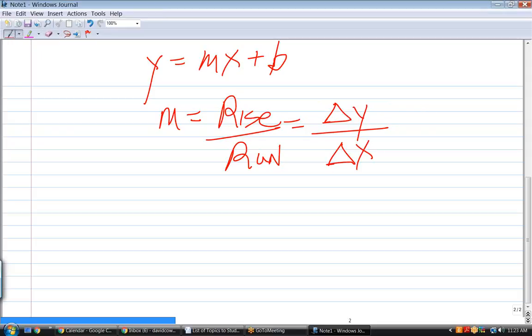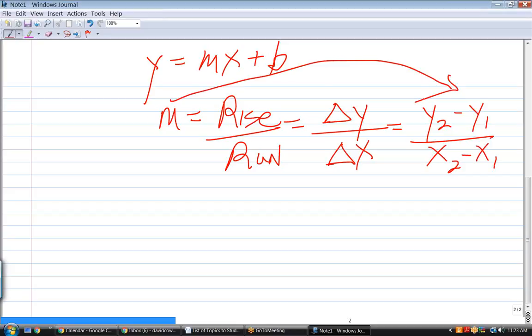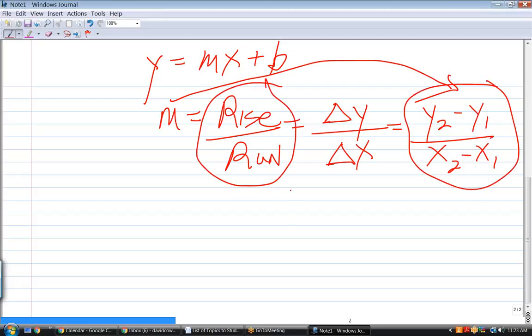Yeah, exactly. And what that becomes is y sub 2 minus y sub 1 all over x sub 2 minus x sub 1. So you go straight from m being equal to that, which is what most people are taught to remember. But I actually think it's better to remember rise over run than this, because you should always be able to figure this out from rise over run.